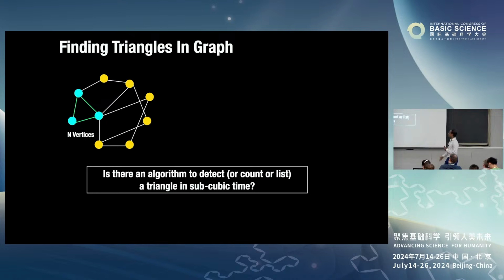Let's just focus on the trivial cubic time algorithm. Is it possible to do better? It turns out you can actually do better.